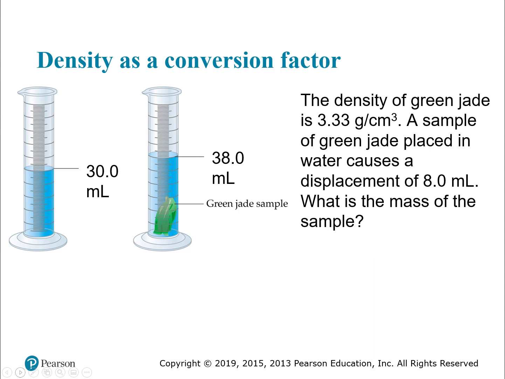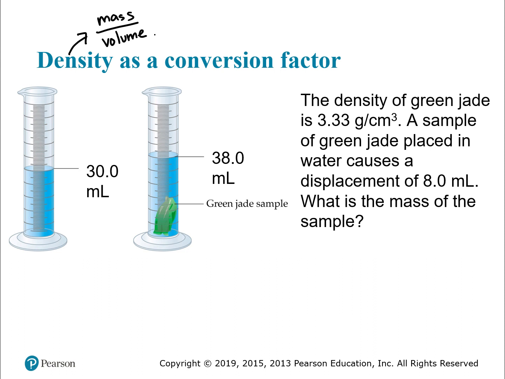So a couple things. First, we'll talk about density. Density is mass divided by volume. If I have a small volume of space, how much stuff can I fit into that volume? That's what density is.